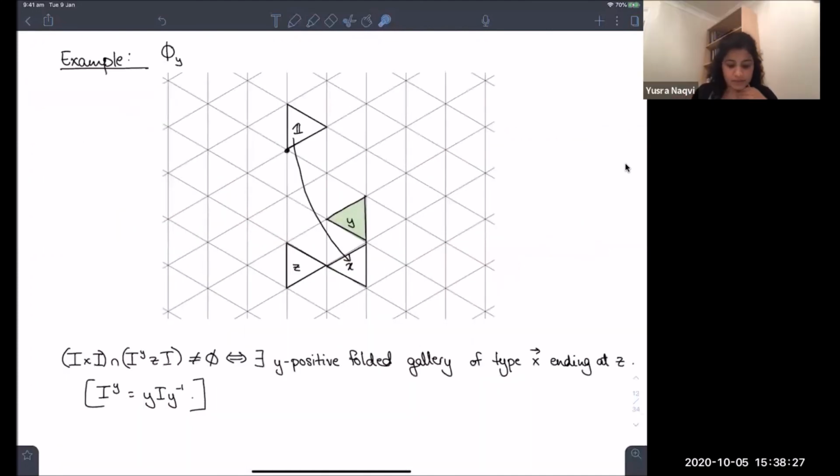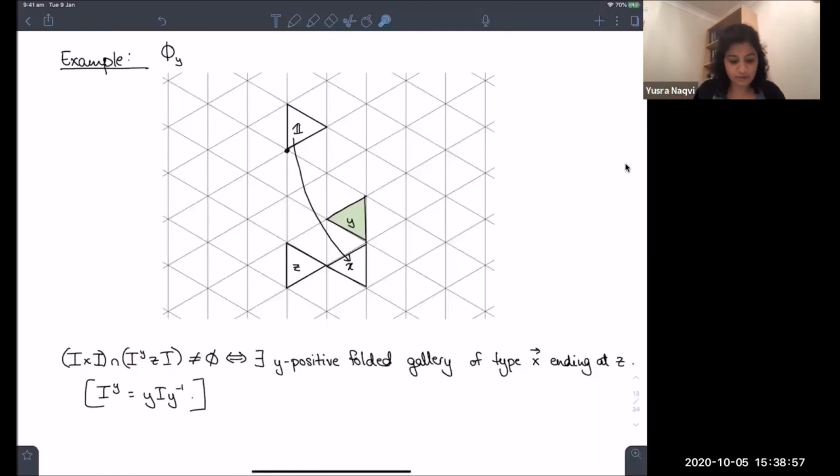Okay, and so really, if I want to look at intersections of these double cosets, and I'm going to use this notation for conjugates just to compress it a little bit, this actually tells me when these intersections are non-zero. I only have a non-zero intersection if I had a way of getting through the building to something in a specific orbit, but it's hard for me to draw a full building, especially when I get to higher rank.